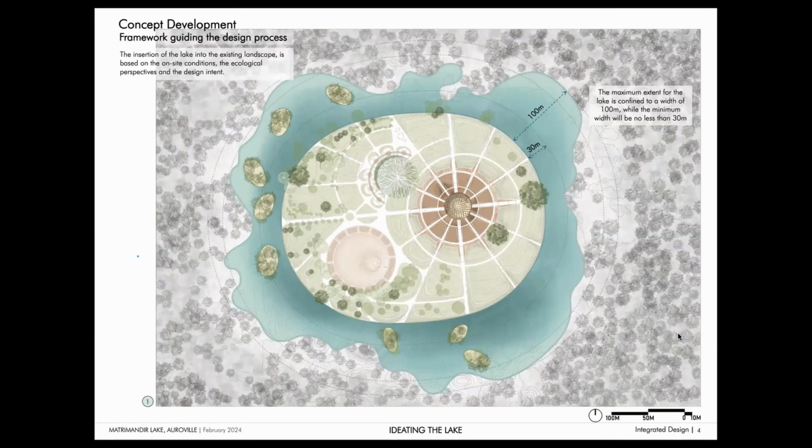We are working with two numbers here, and the rationale for these two numbers will become apparent as we go along. One is the maximum desirable width of 100 meters and a minimum workable width of 30 meters, so that the idea of the Matrimandir situated on the island is not lost.